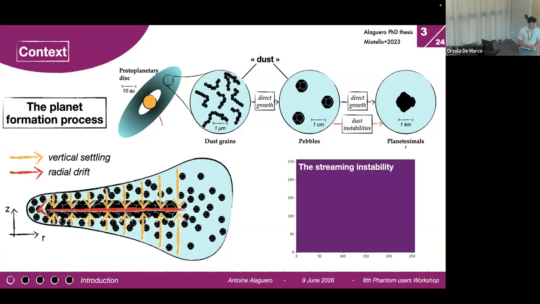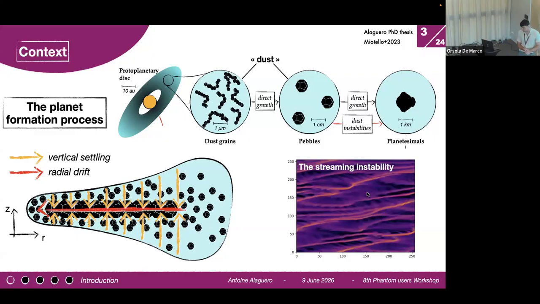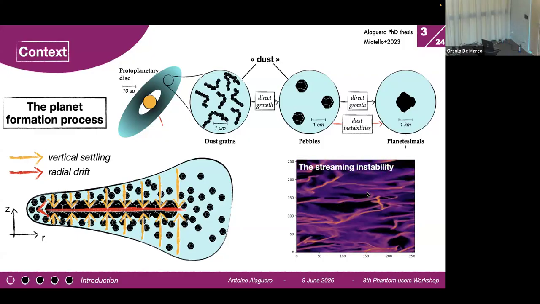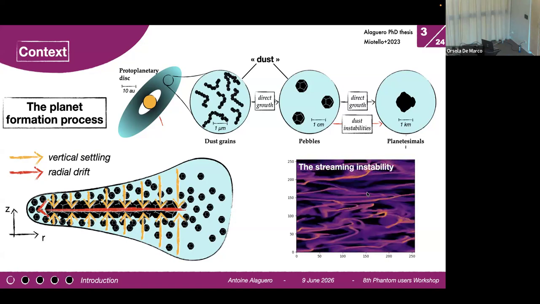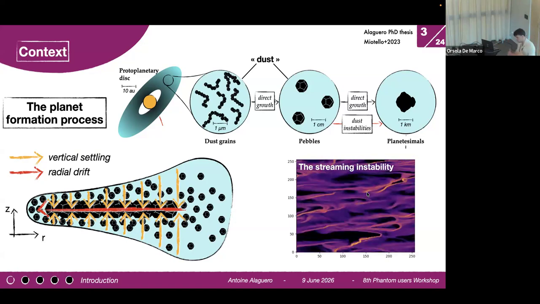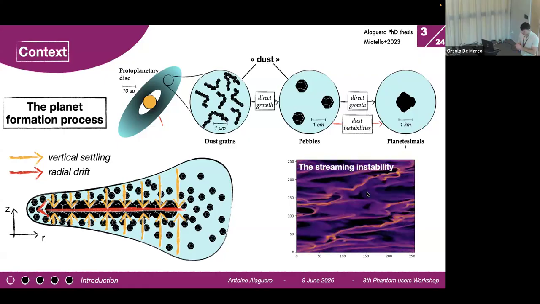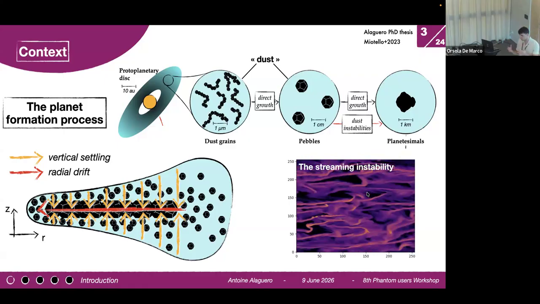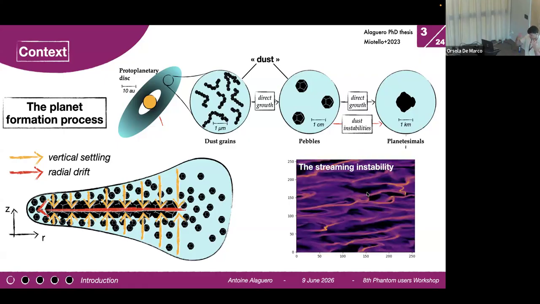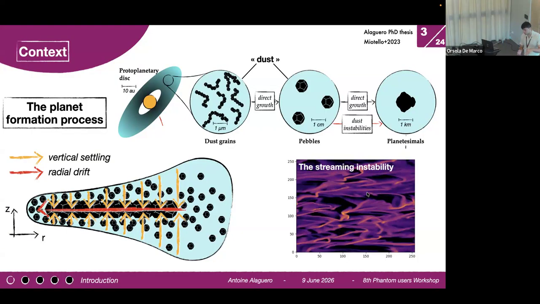And one of the ideas to do that is going through dust instability. You have one example here, which is called the streaming instability. It's basically an accumulation of dust being able to perturb the gas disk. The perturbed gas disk will perturb the dust, which will perturb the gas, etc. And that will lead to clumping of your dust, which will gravitationally collapse and form planetesimals this way.